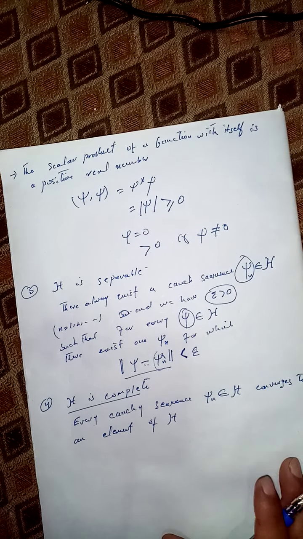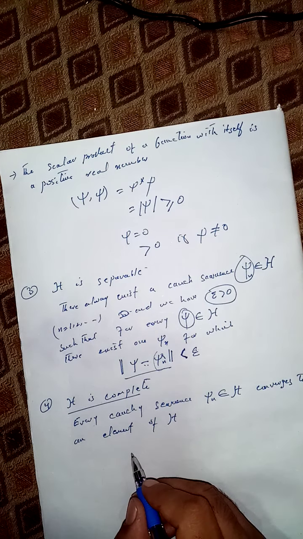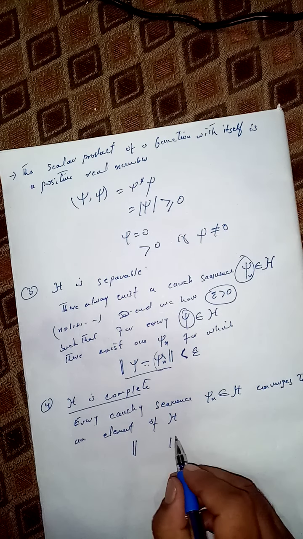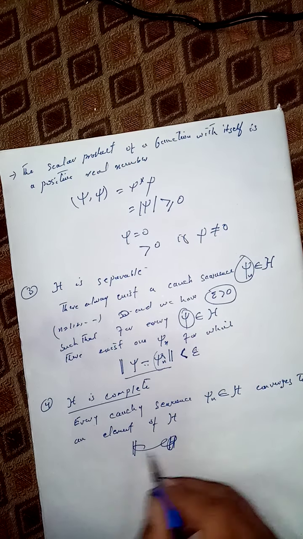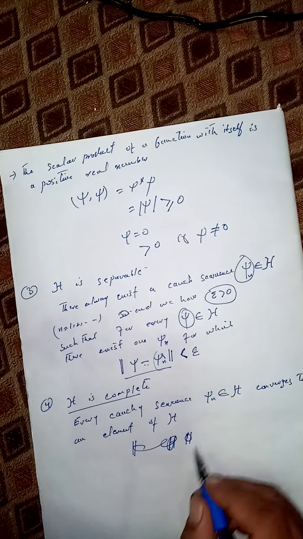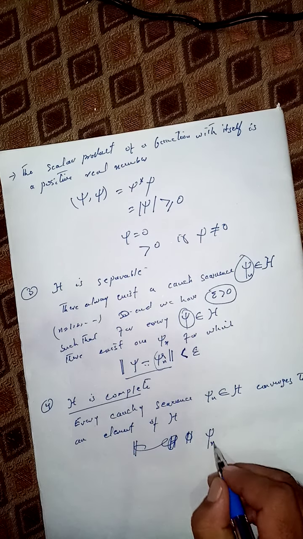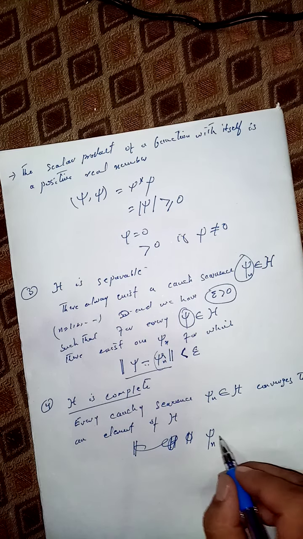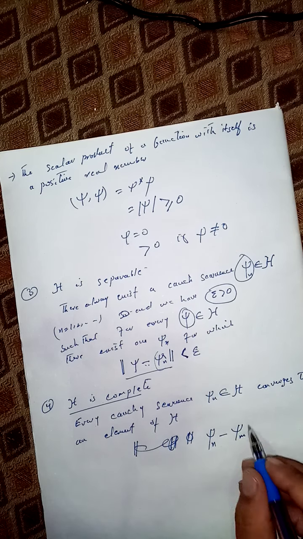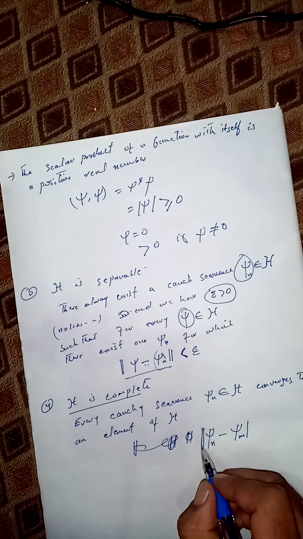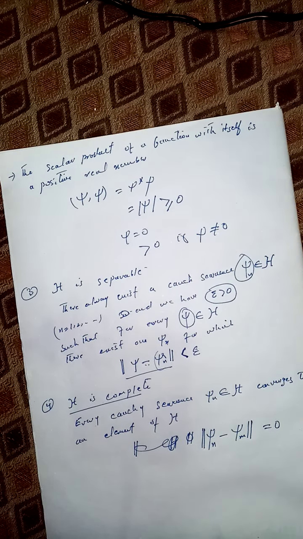What does it mean? It means that we consider two terms of the Cauchy sequence, ψn minus ψm. We take the difference and then taking the magnitude, it goes to 0.